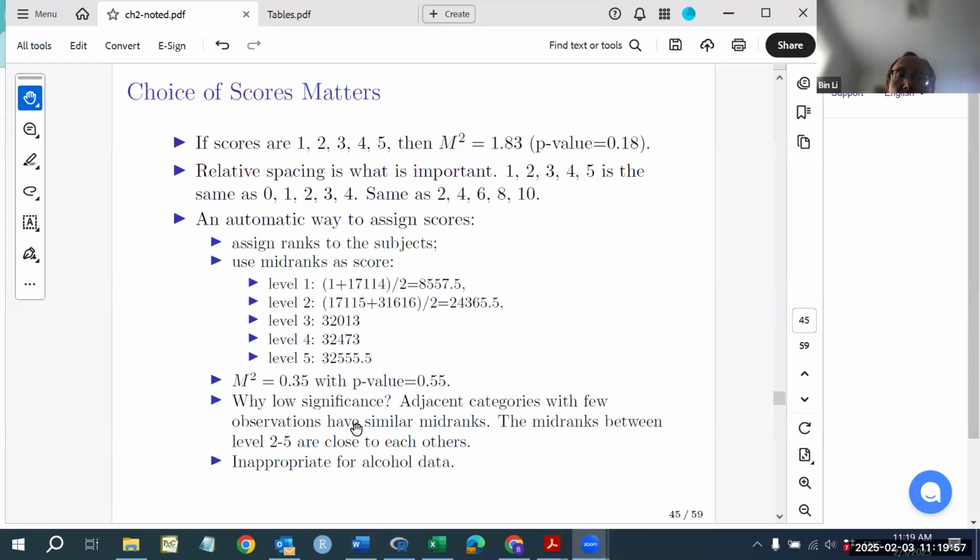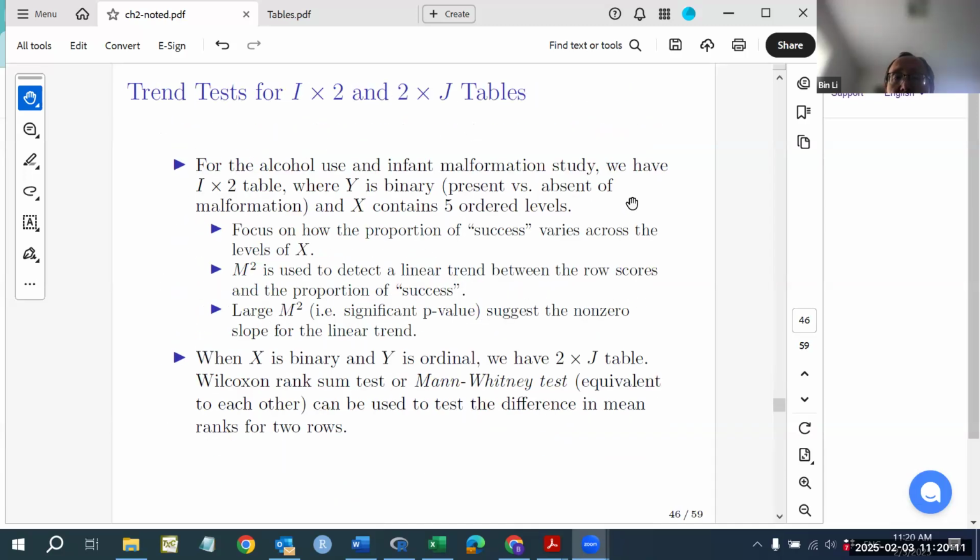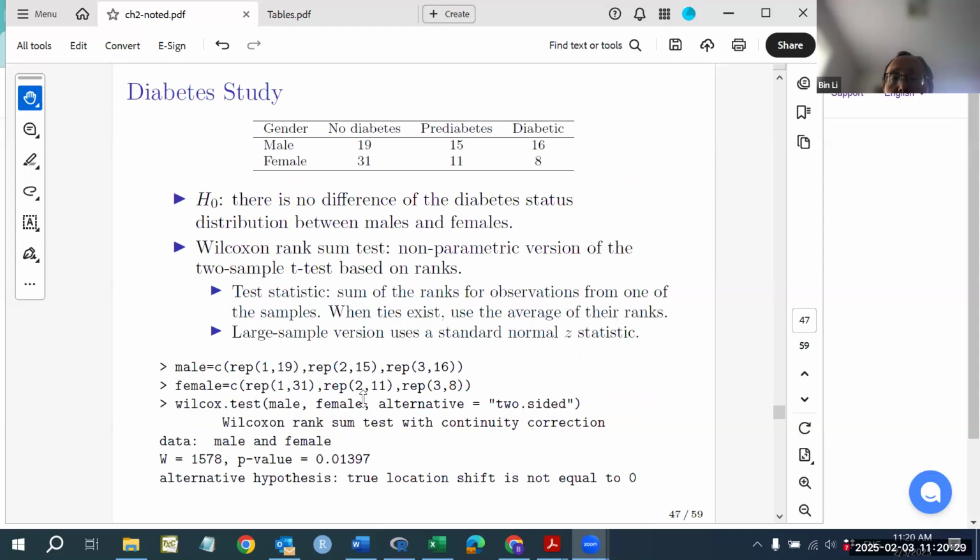Okay, so in this example, we have 2 columns, but 5 rows, right? What if we have the opposite? What if we have 2 rows, but J columns? In other words, this time, what if the response Y is ordinal, but the X is binary? For example, Y has 3 categories.